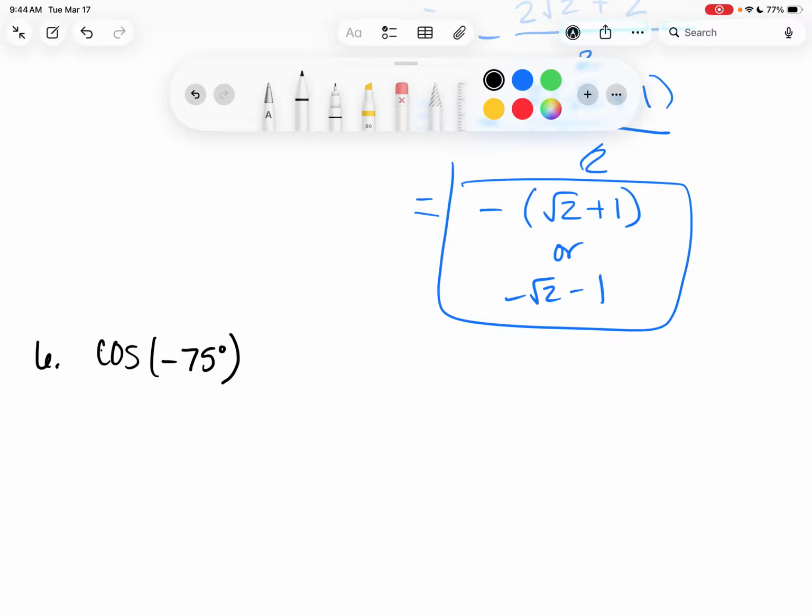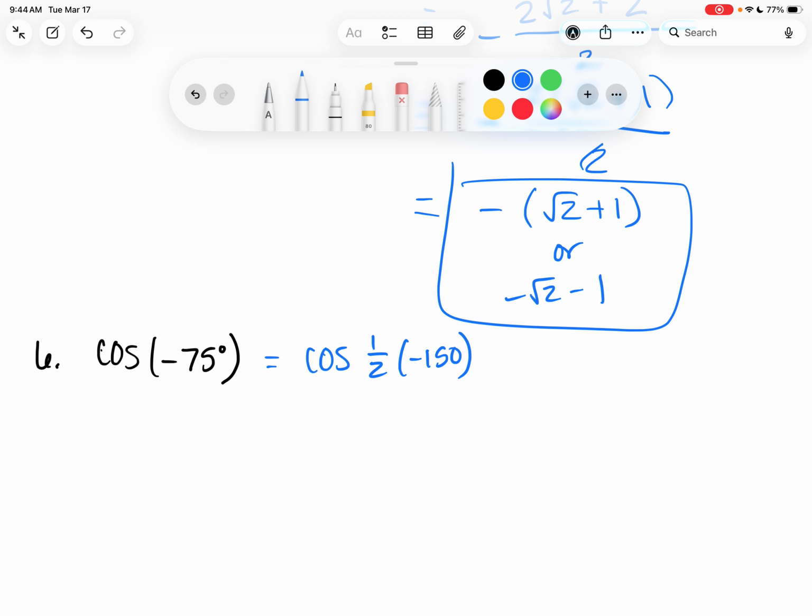All right, now, what do you notice about this problem compared to all the ones we've done so far? It's negative. So, the first thing that we're going to do is figure out what the half angle of it is, which is still going to be a negative angle, right? 150. Yep, so this is going to be the cosine of half of negative 150. But I can technically count backwards to negative 150, but what would be easier?